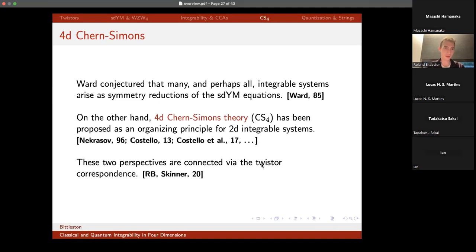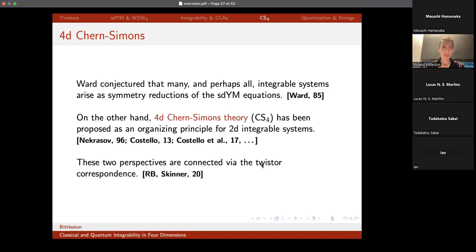So you're claiming that the theory is at least partially non-renormalizable, but there is some good way to regularize and renormalize the theory. Yes, exactly, that's right.